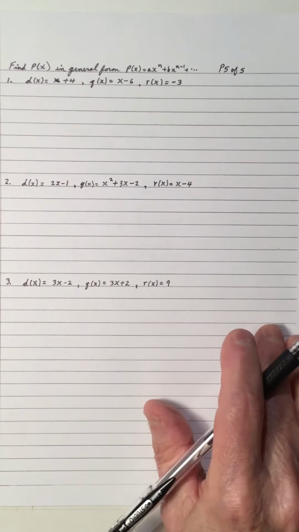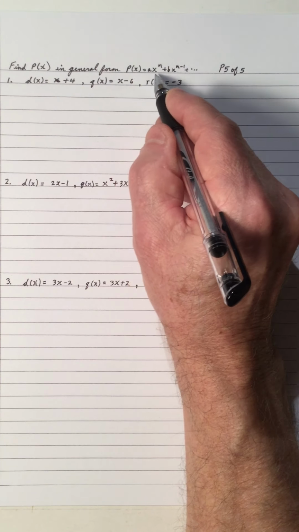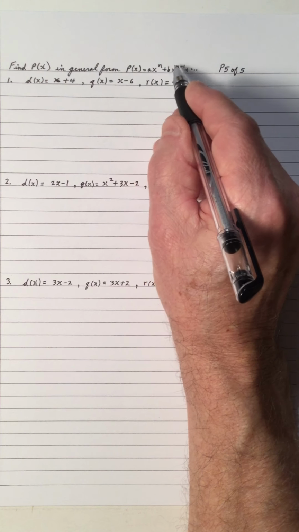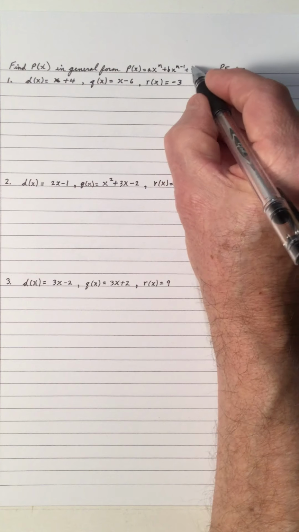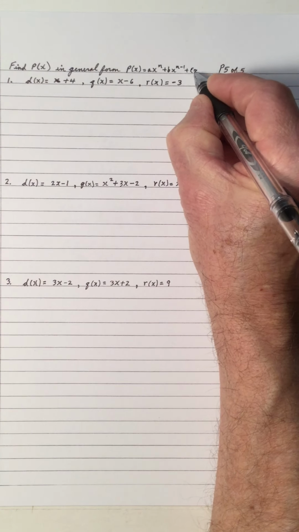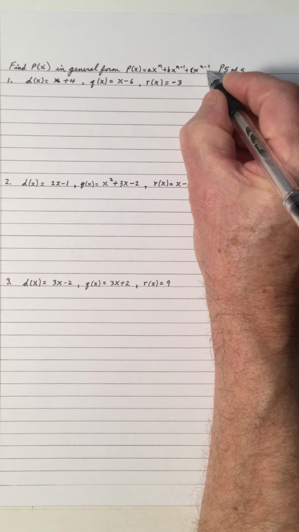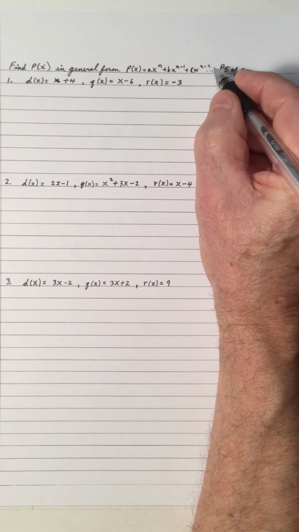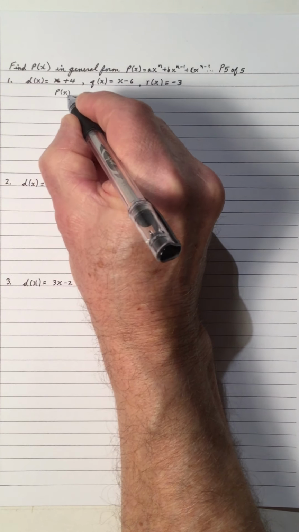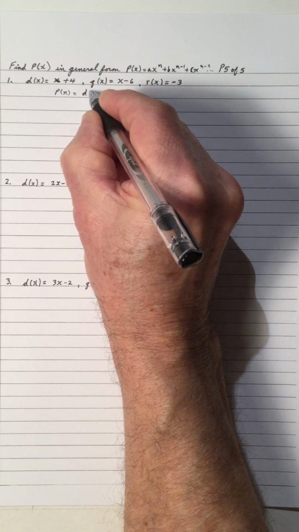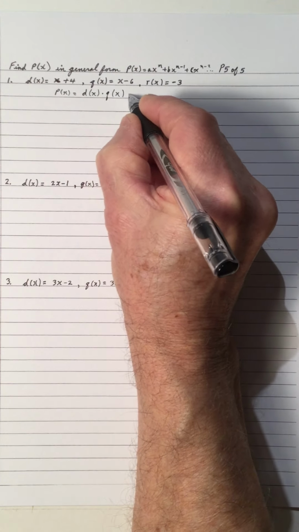Find the p of x in general form, which is a x to the n, b x to the n minus 1, and you could go, if you want, c x to the n minus 2. Just keeps going down and down and down. The powers go down. So if I want the p of x, the p of x is made up of the divisor times the quotient plus the remainder.